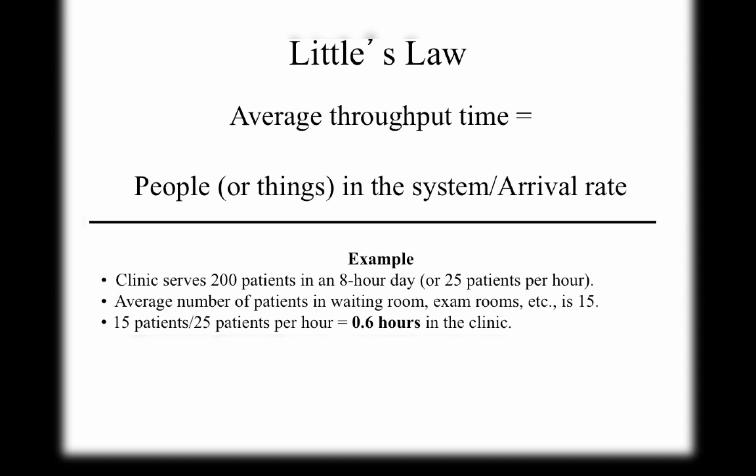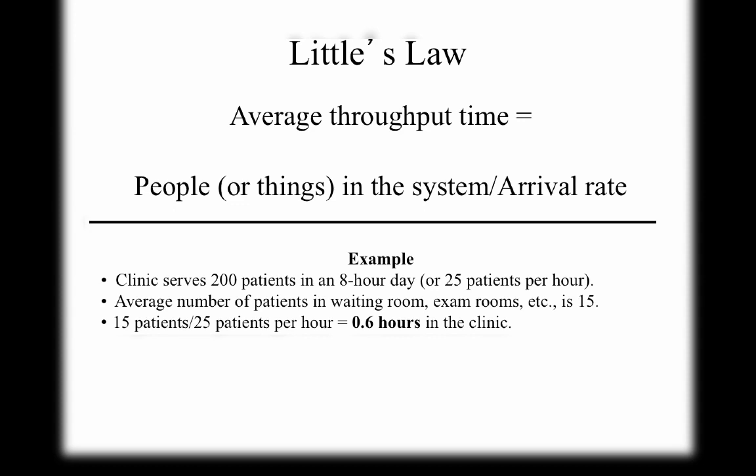So Little's law, the formula again is people or things in the system, so how many, the number, divided by the arrival rate. In this example, we have 200 patients in an 8-hour day, so you could say the arrival rate is 25 per hour.